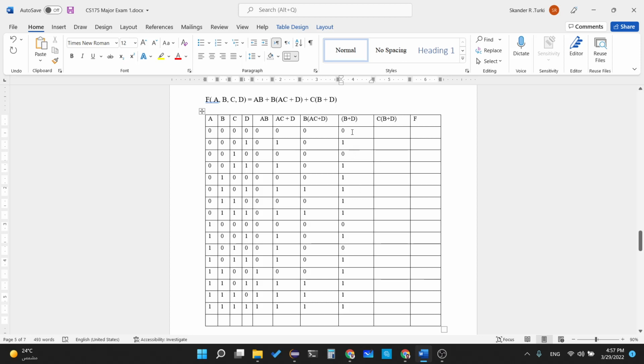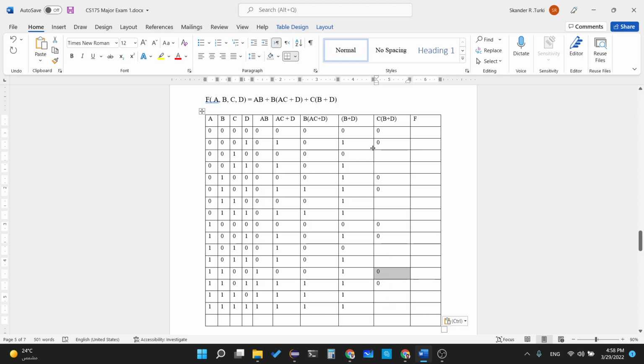Is it okay, Hadi? Yes, yes. Okay, now whenever C is 0, this column will be 0. So it's 0 here and here.